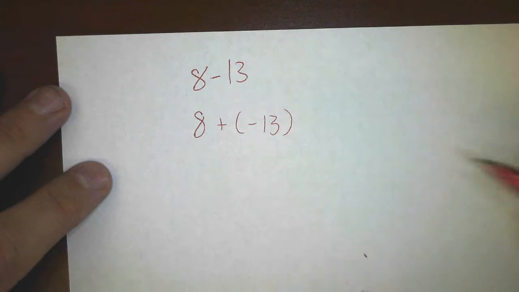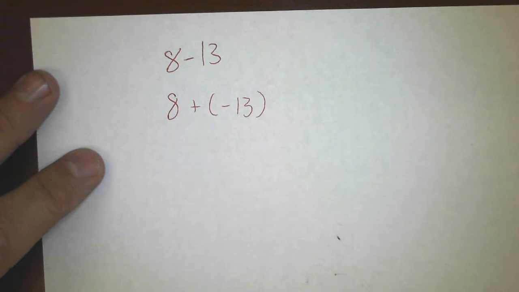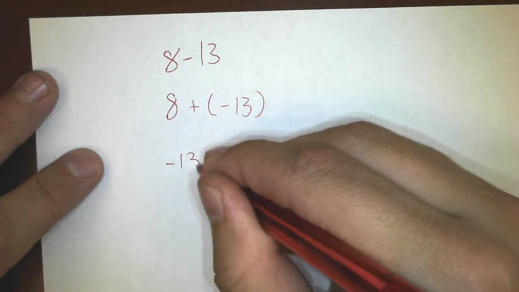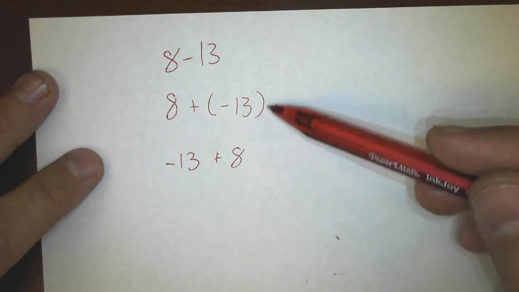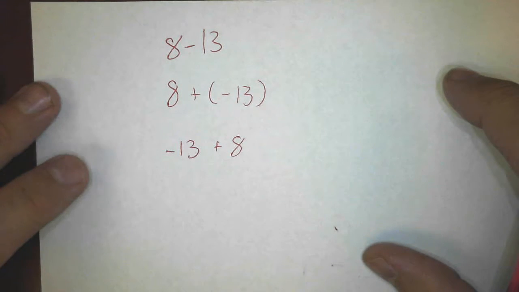Now again, I like to use my associative property that I briefly went over in the last lesson, and I'm going to change my -13 to the front, and I'm going to still add 8. Going to get the same answer, but it sets it up a little bit easier for me.